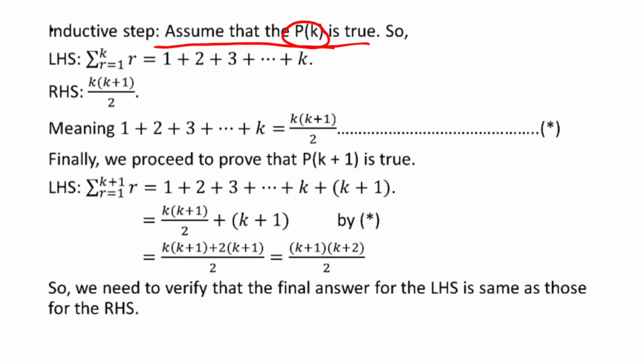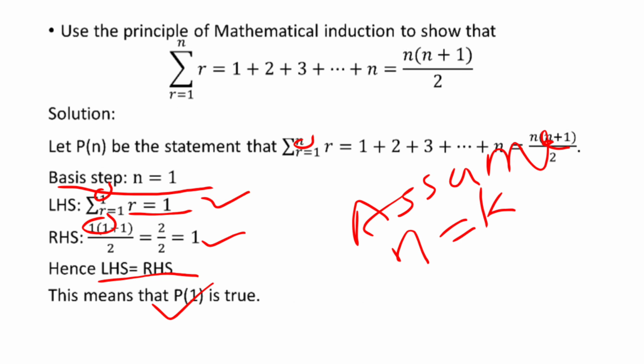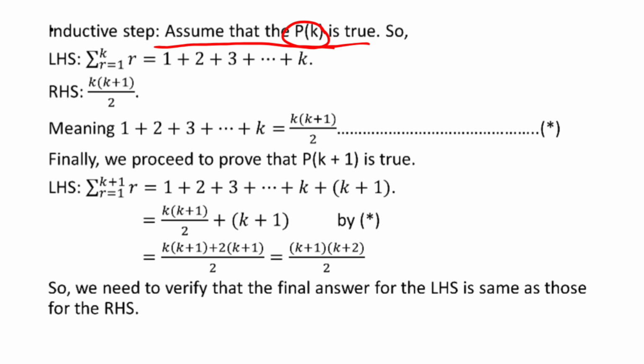Because it is true, wherever you see n, what do you put there? You put k. So wherever there's n, now there will be k. This will now be k(k plus 1) all over 2. So we have assumed it to be true.